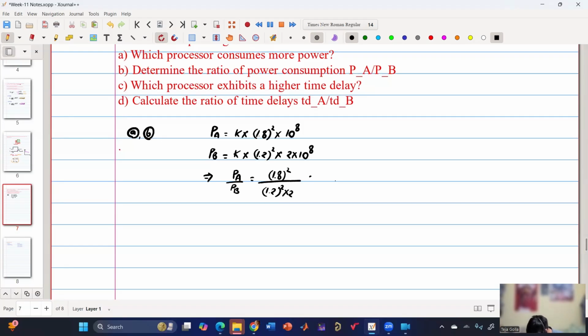Now I will see whether it is greater than 1 or less than 1. So it is 9/8, which is 1.125. So you are correct. Processor A is consuming more power. PA by PB is coming out to be 1.125.